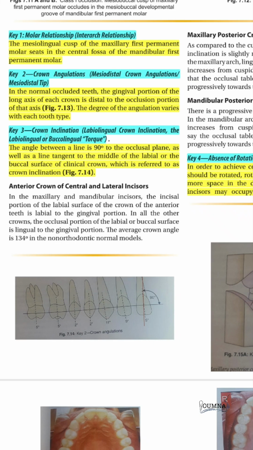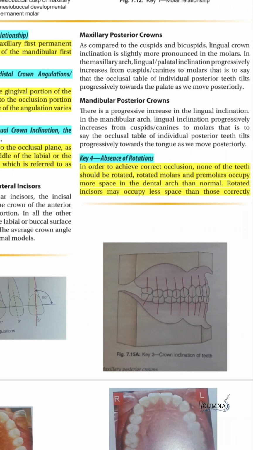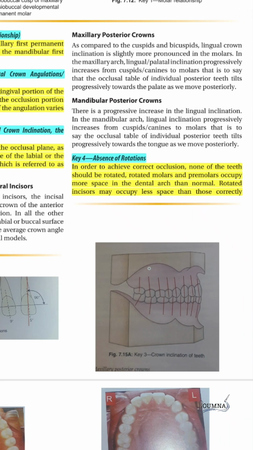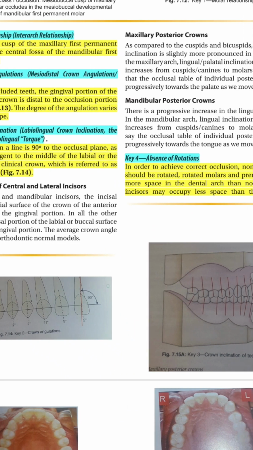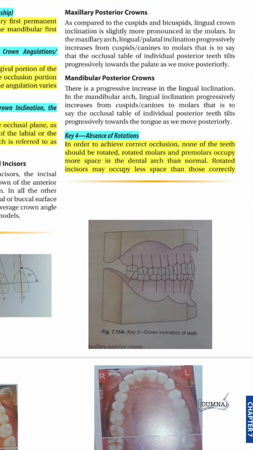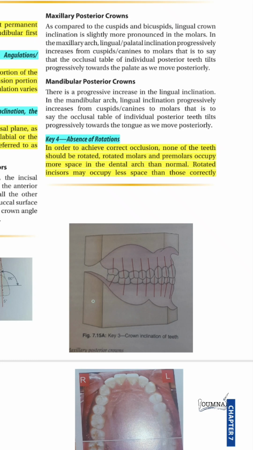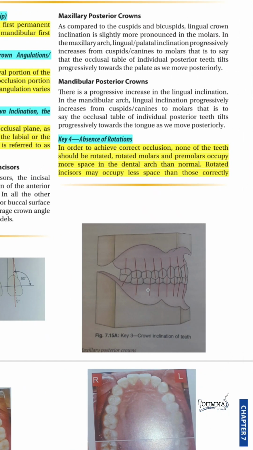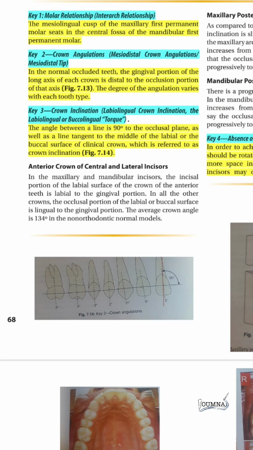But it is different from the crown inclination, which is the labiolingual crown inclination. If we take a line that is perpendicular to the cusps of occlusion and tangent to the middle of the labial aspect of each tooth, we can say that there is a tilt, and this tilt is what we call the crown inclination.